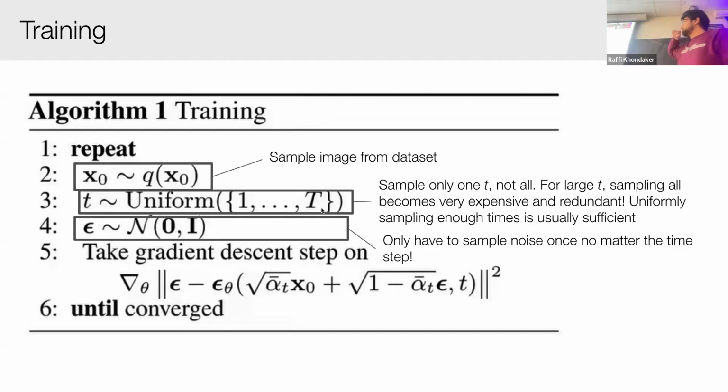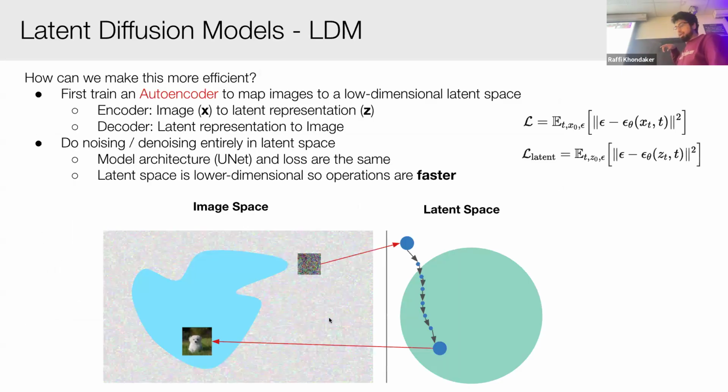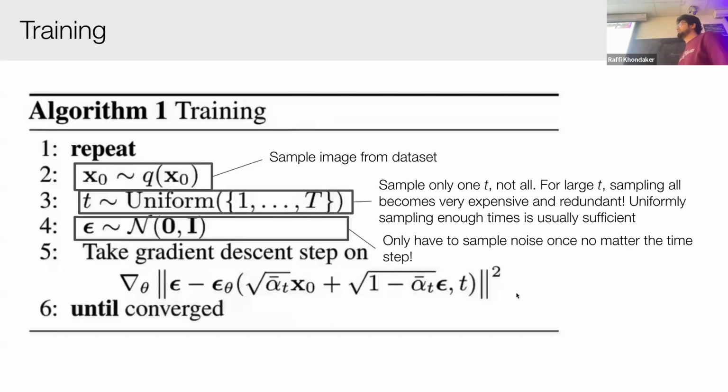We pick some amount of noise, and then we add that noise to our image. And then we predict how much noise is actually added. We know how much noise is added, so we take the mean squared error between those two. And you just keep doing that until the model converges.